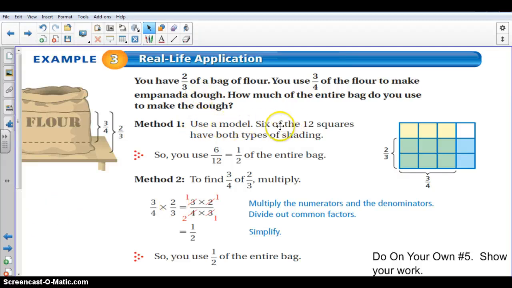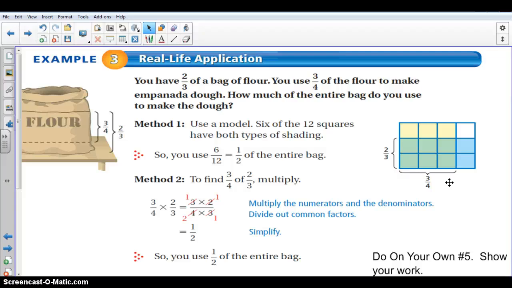Okay? 6 of the 12 squares have both kinds of shading. How did they figure that out? They multiplied that across. 6 of the 12 squares have both types of shading. So you can say 6/12 equals 1/2 the bag.